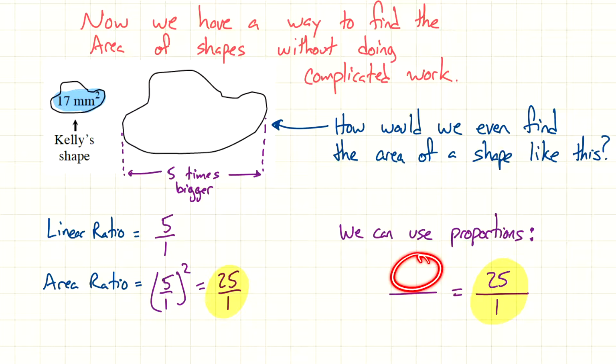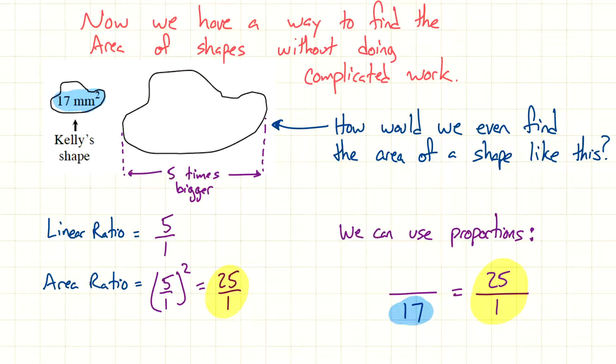Does it go on top or does it go on bottom? Well, think about it. This is the smaller shape and we're going to a bigger shape. Look at this fraction. Which number is smaller, 25 or 1? The 1 is on the bottom, so that means my 17 is going to go on the bottom.